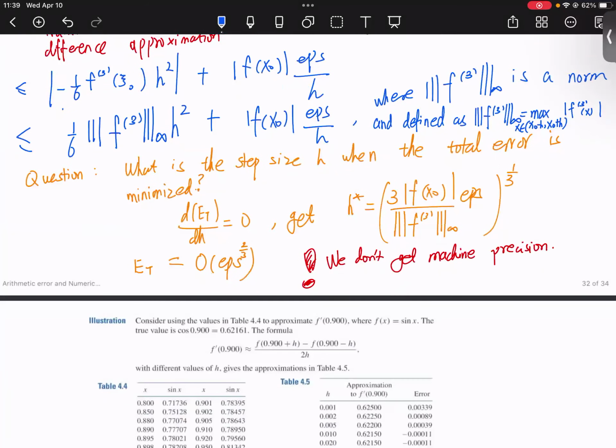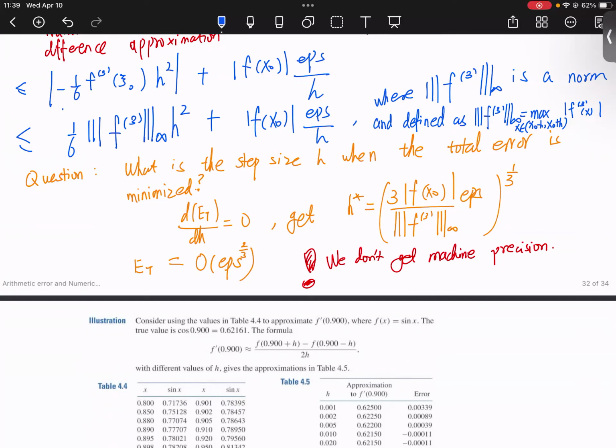One more thing from the previous class notes. This means that we don't get machine precision for the finite difference calculations in the computer. We have the rounding off for the numbers, which is inside the machine's precision.